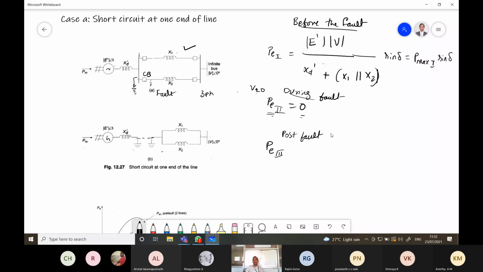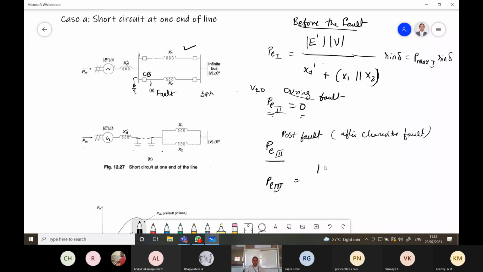Post fault means after clearing the fault. The fault is cleared by opening the circuit breaker. That is PE3. So what happened to PE3 now?